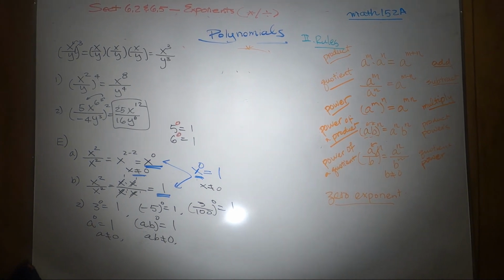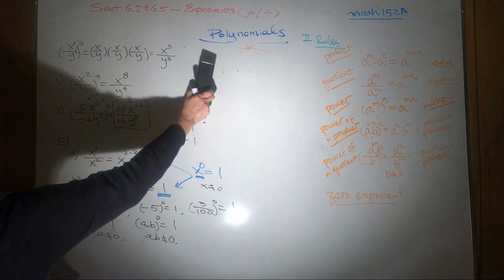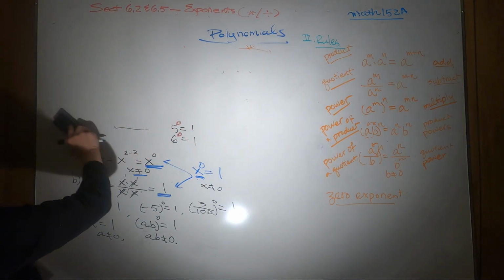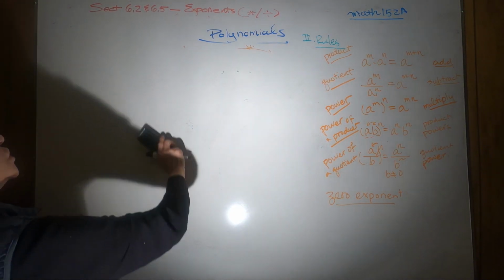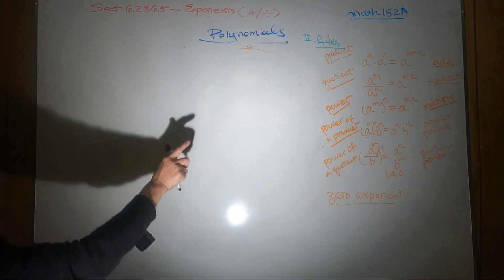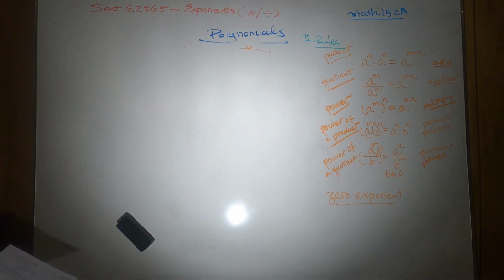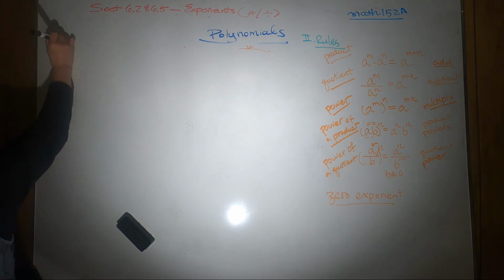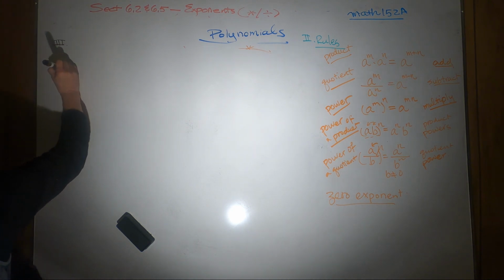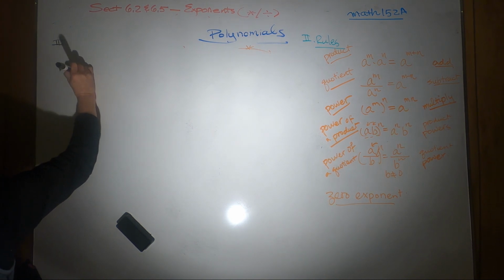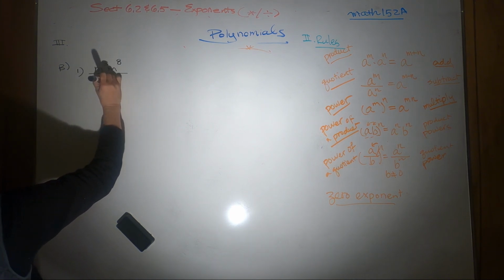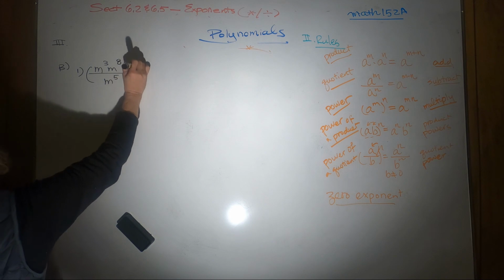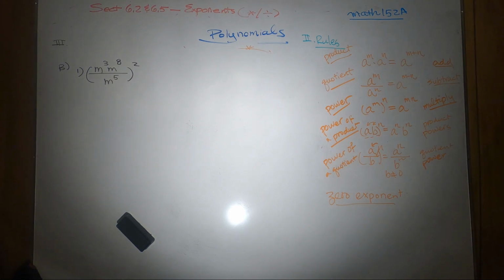Okay, so you need to remember all those rules and properties. When we get a more complicated situation, make sure you do it correctly. All right, if we have a more complicated situation like this: m to the 3rd power to the 8th power divided by 5, m to the 5th power, and the whole thing we take a square again.